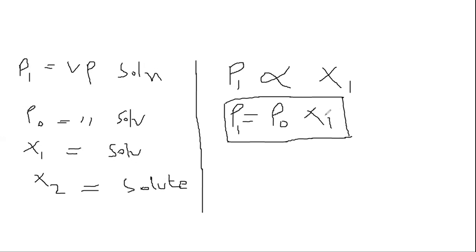So if you want the value of X1, the mole fraction of the solvent, it would be equal to P1 divided by P naught. This is another way to calculate the mole fraction, using the ratio of the vapor pressure of the solvent in solution to the vapor pressure of the pure solvent.